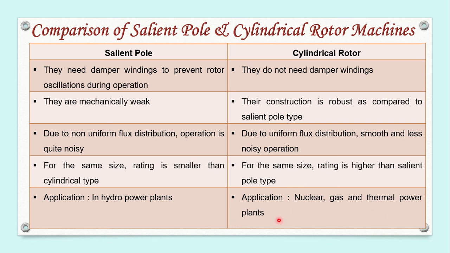That means the cylindrical rotor synchronous machines are usually connected to the steam turbines. Steam turbines are used in nuclear and thermal power plants. So they are usually used in conjunction with steam turbines, and salient pole machines are used in conjunction with hydro turbines. So these are the comparison between cylindrical rotor and salient pole rotor machines.